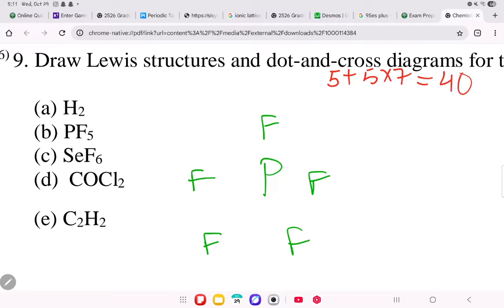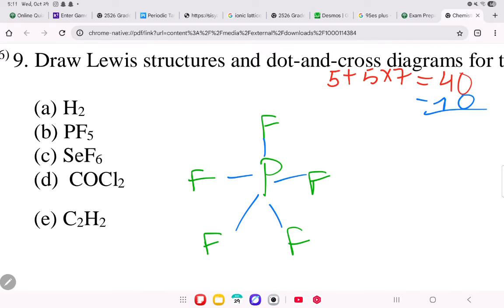Perfect. Now, remember to join all of the atoms by a single covalent bond. How many electrons are used here? We used 5 single covalent bonds, right? So that's 5 times 2, because in a single covalent bond we have 2 electrons. So 5 times 2 is 10. We will subtract 10 from the number of electrons.